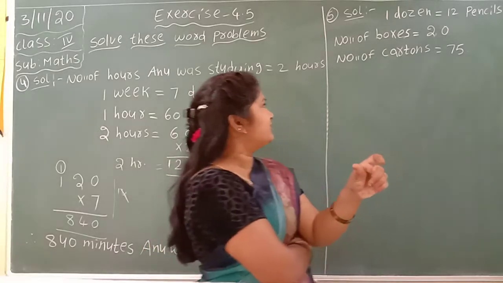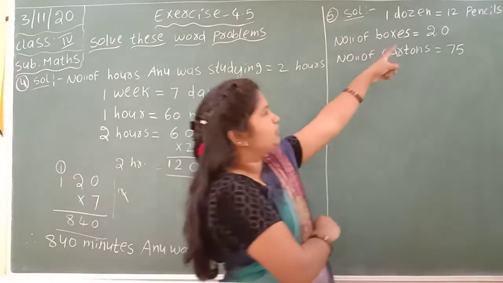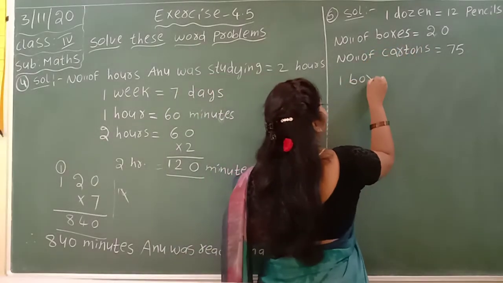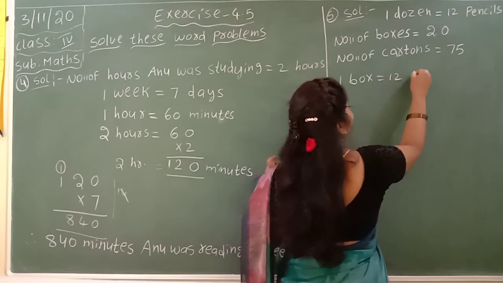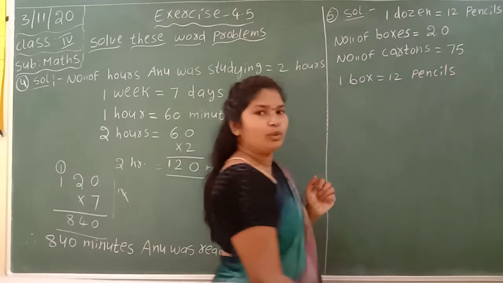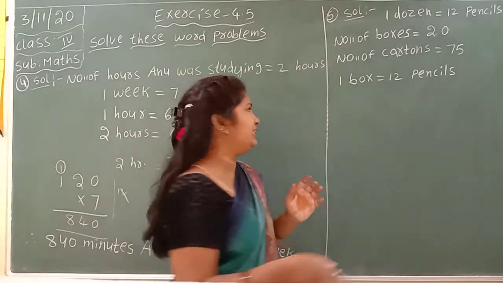See, first of all, in 1 box they packed 12 pencils. 1 box is equal to 12 pencils. Such boxes, how many are there in each carton? 20.